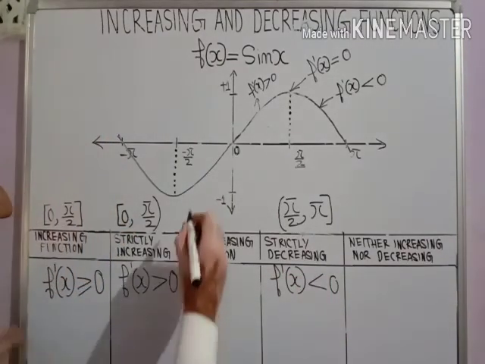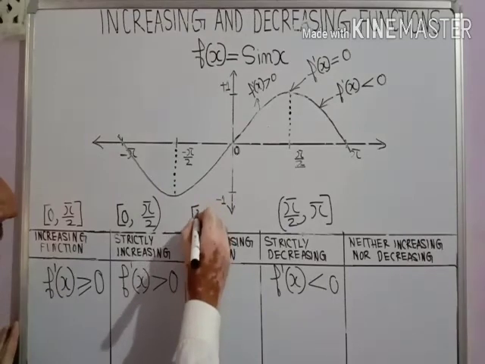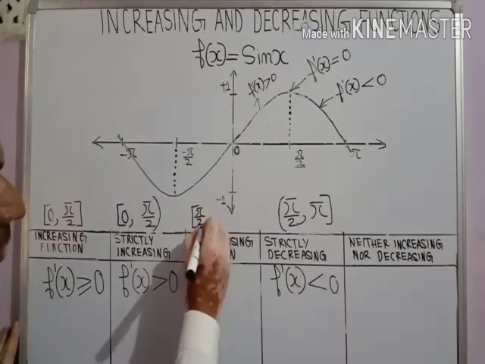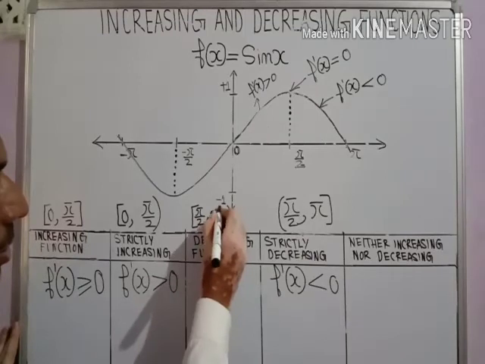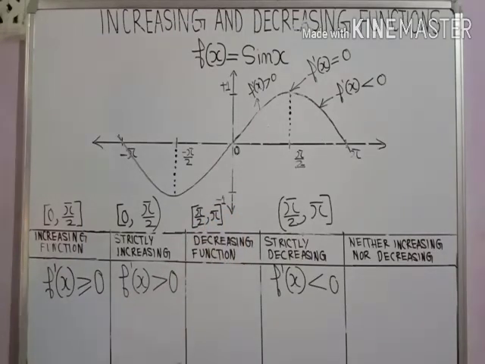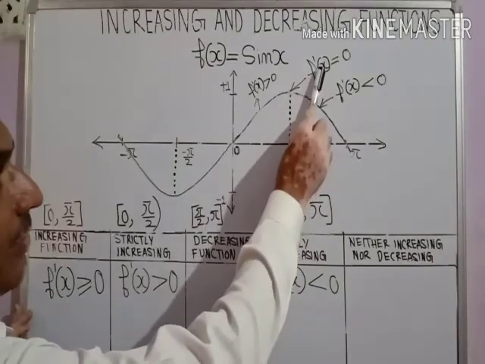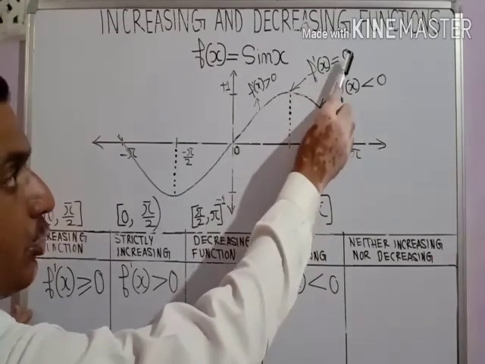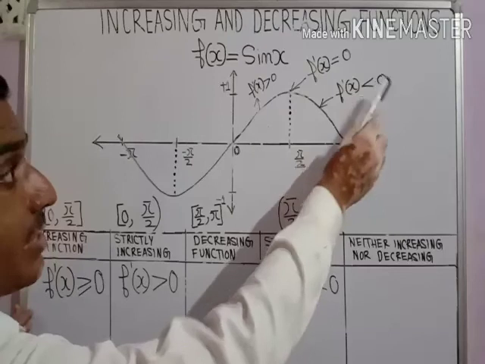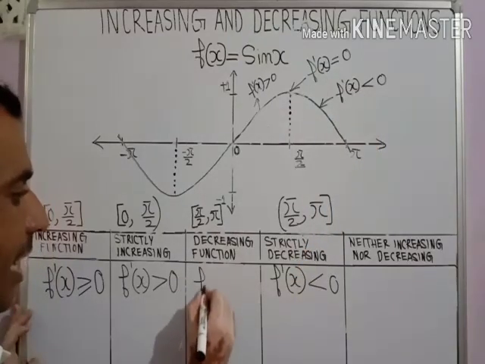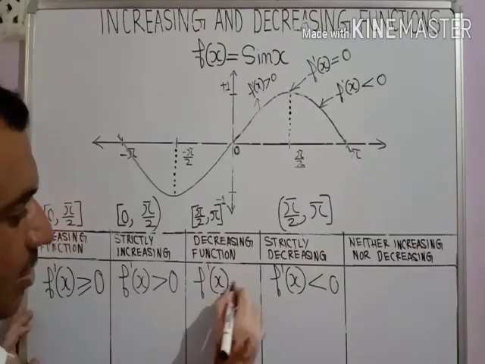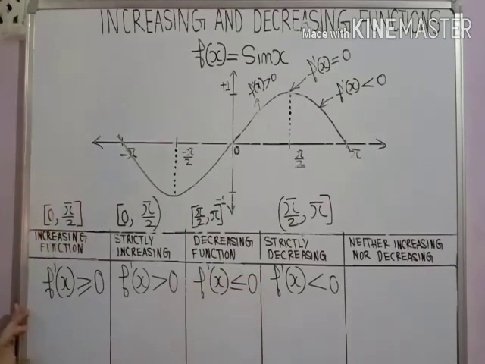And if I include pi by 2 up to pi, this function is a decreasing function. Then what is the condition for a decreasing function? f'(x) equals 0 and f'(x) less than 0. We can say that f'(x) is less than or equal to 0.